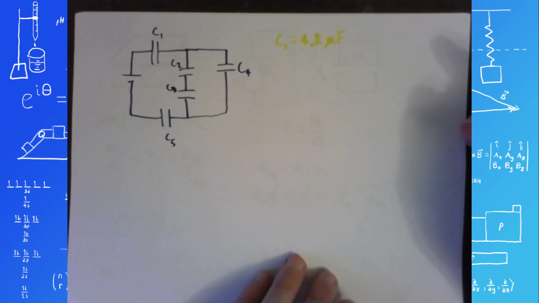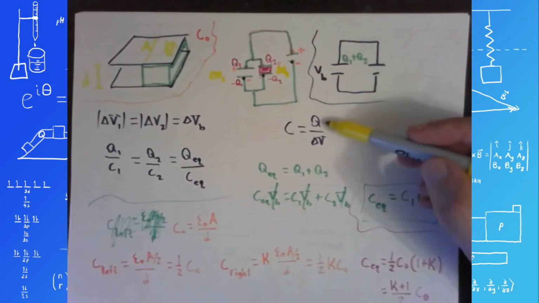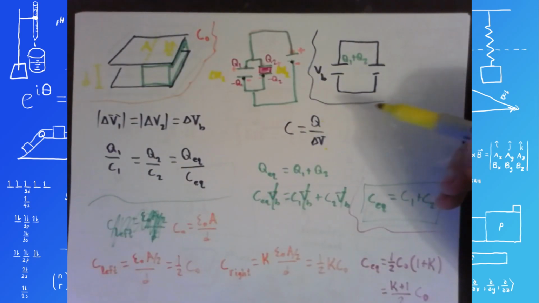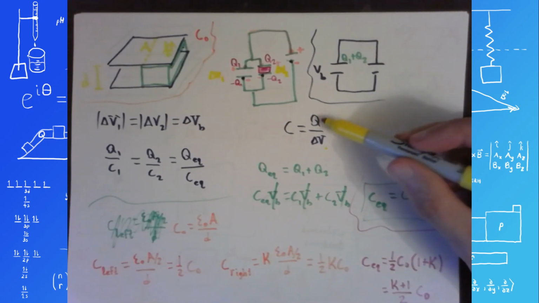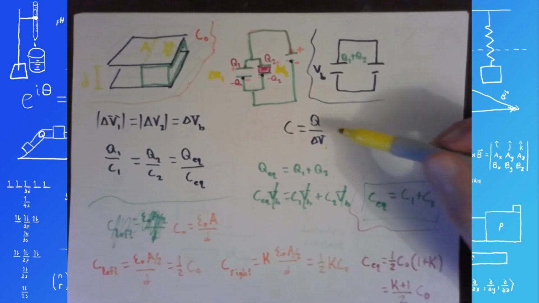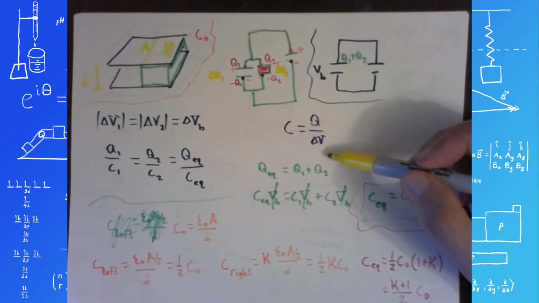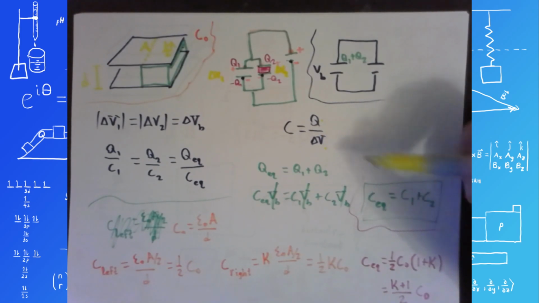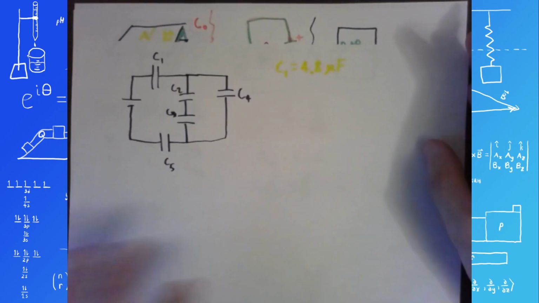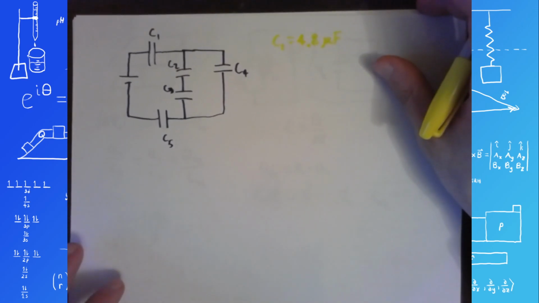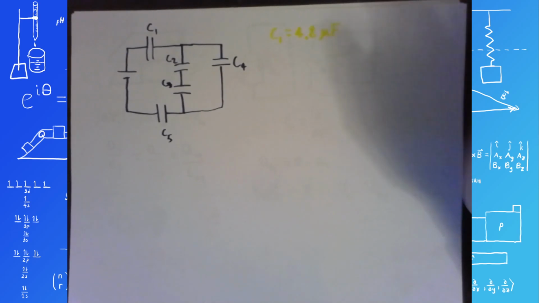If you remember the equation for capacitance, charge over change in potential, coulombs over volts, and because volts are joules per coulomb, you could also think of this as coulomb squared per joule, as another way you could describe a farad. But I'll just stick with coulombs per volt.